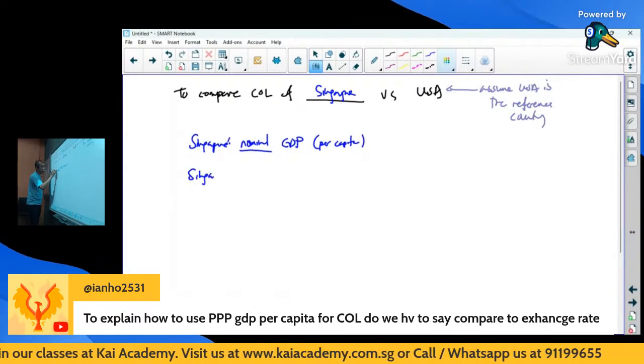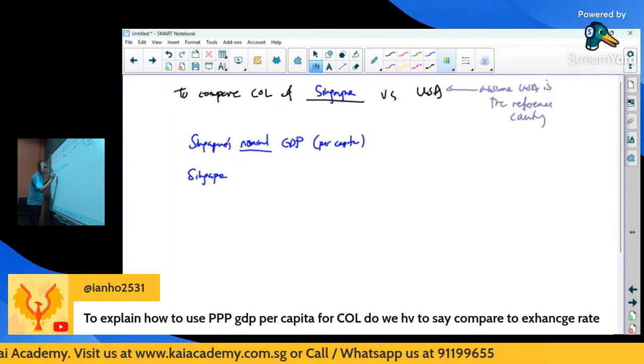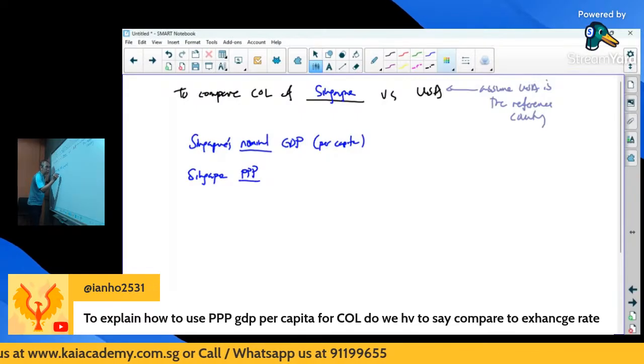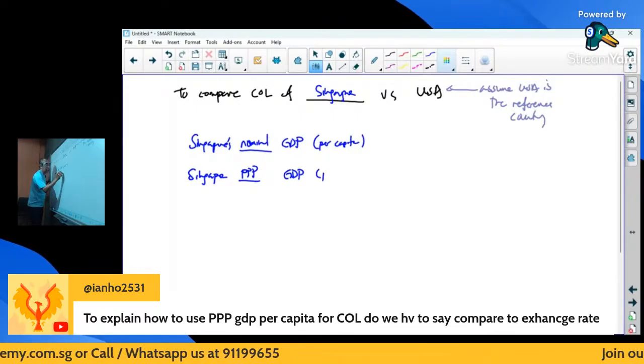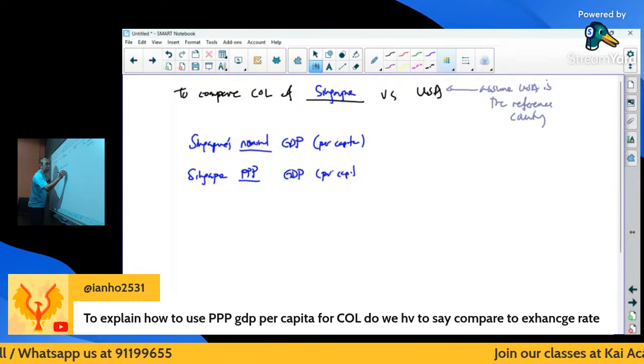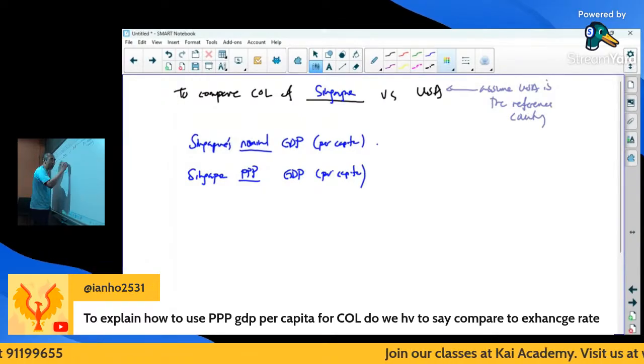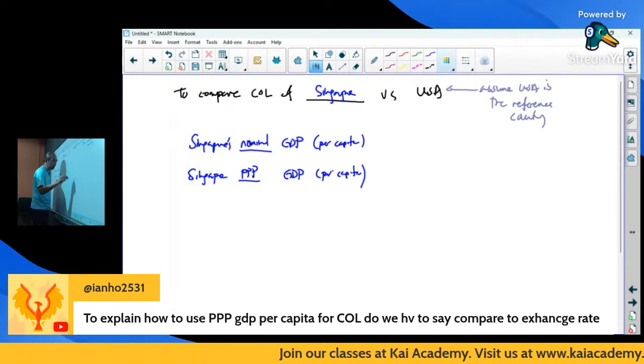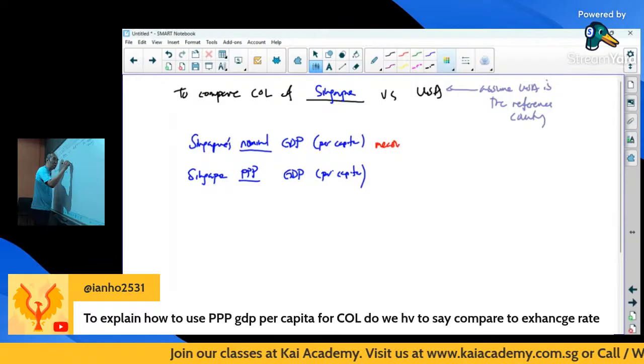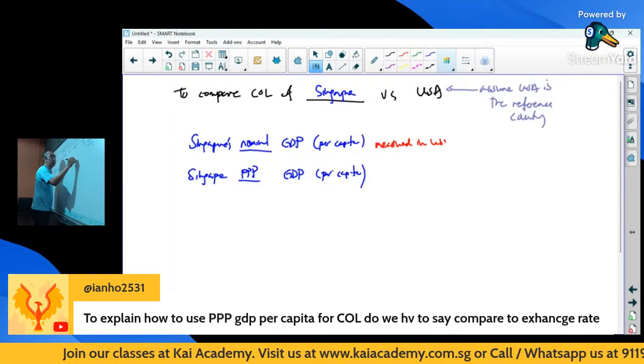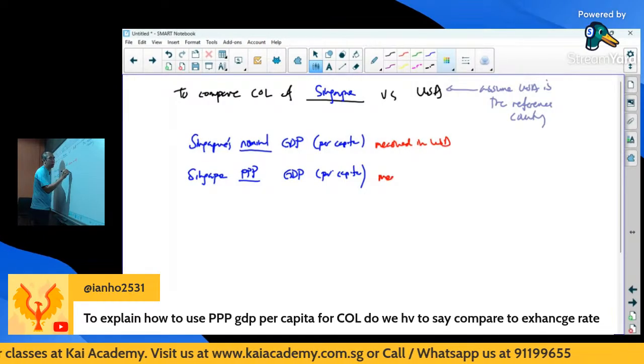And then we also need to use Singapore's PPP GDP per capita. Now both are measured in US dollars. So this one is important to note. This is already measured in USD. This one also measured in USD.